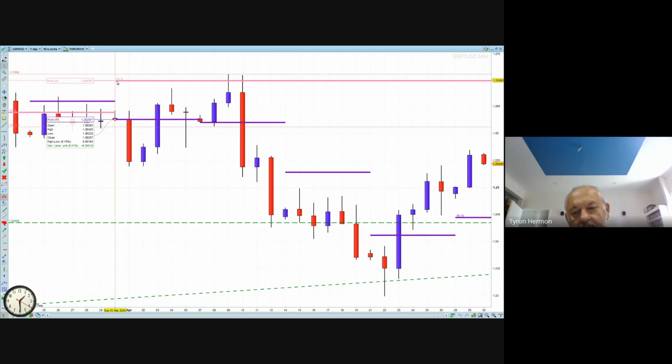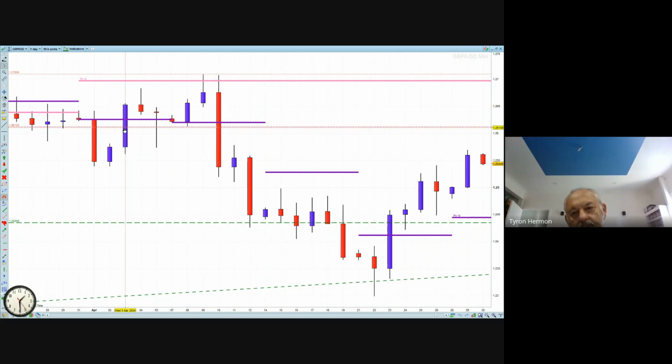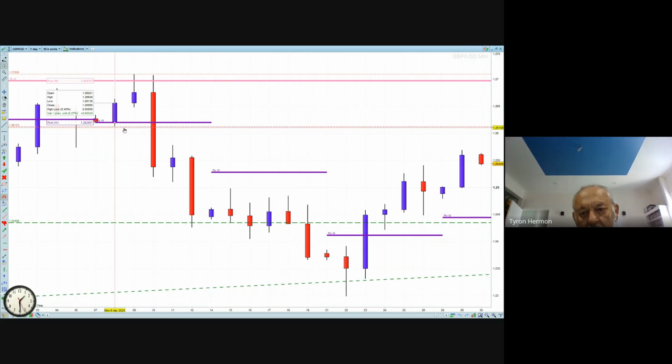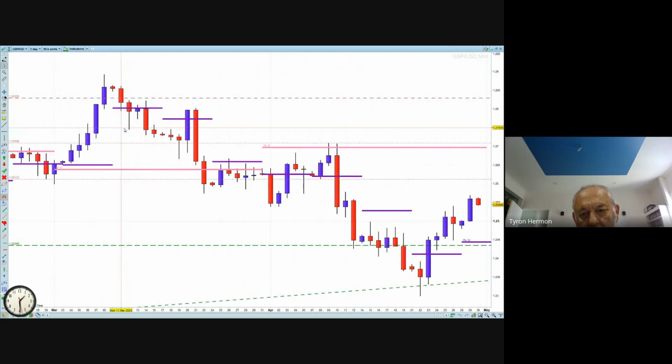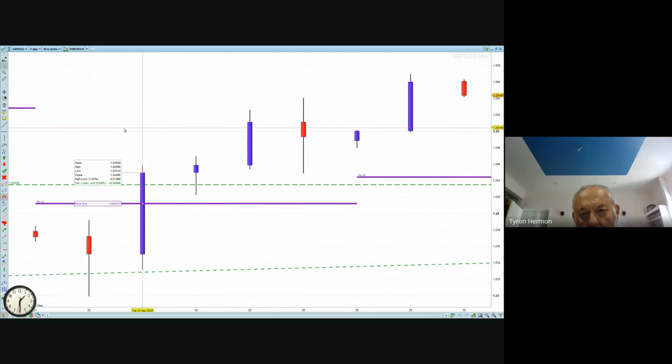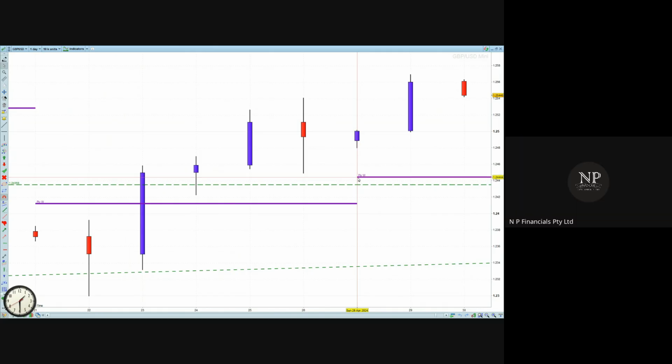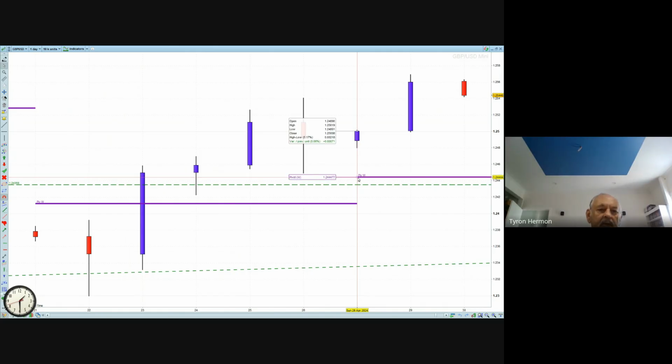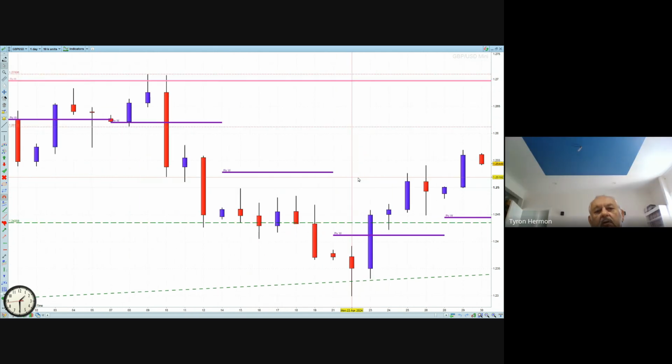Can you pull the screen back some more? Other way, other way. Ah, okay. So yeah, the pivot line is there in advance. All right, I understand. I know where you're going now.